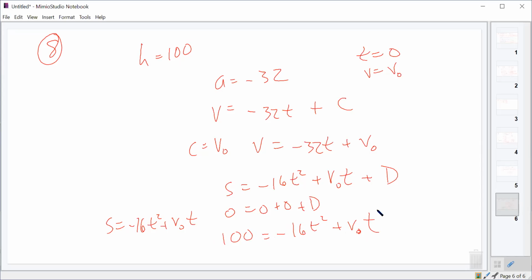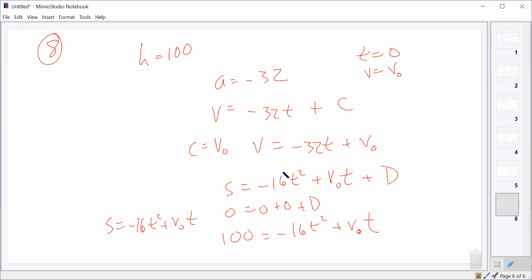And what can we do from there? Okay, what's our initial velocity? Yeah, I mean, we can say that our initial velocity is what? Yeah, but that's not going to help us. Yeah, I'm trying to listen to what you're saying, but it's hard to hear you through your mask. So, oh, okay.